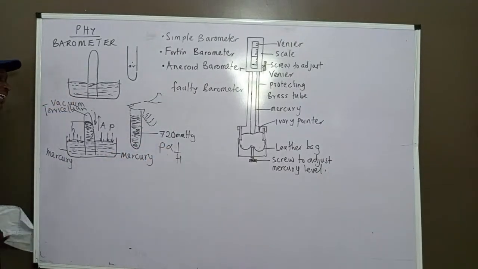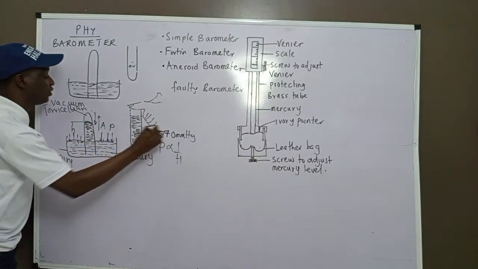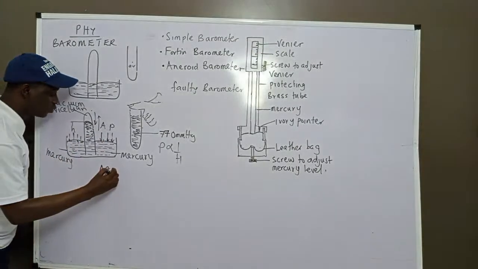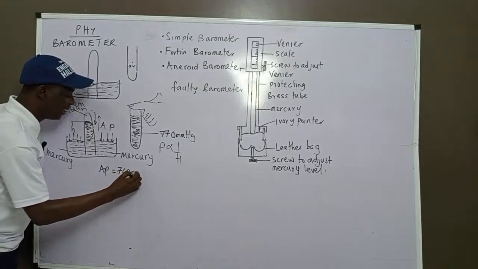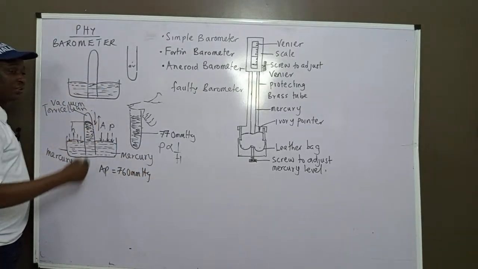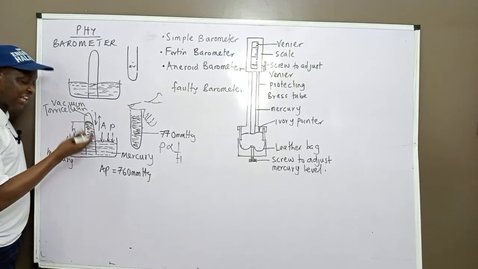The height will fall when the pressure, maybe 770, is higher than the atmospheric pressure. Atmospheric pressure is 760 millimeter mercury, acting on the surface of the tube.